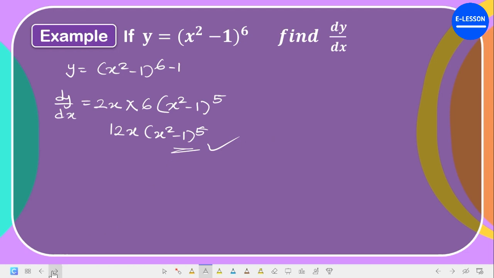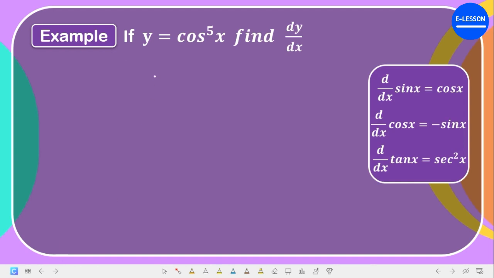Okay, now let's continue with the next question. The next says, given that y is equal to cos raised to the power of 5x, find dy/dx. Now, how do you solve this?